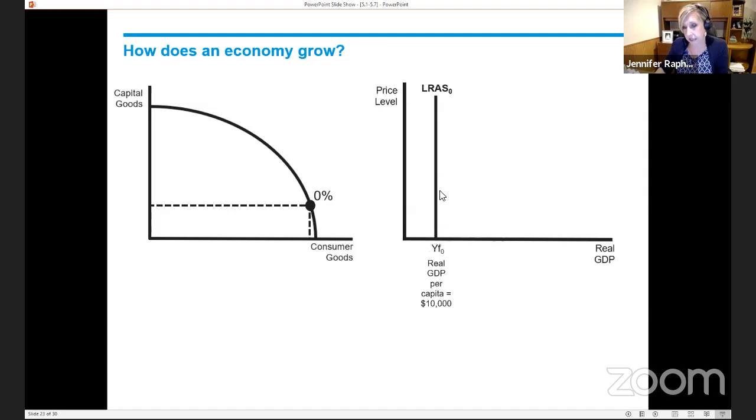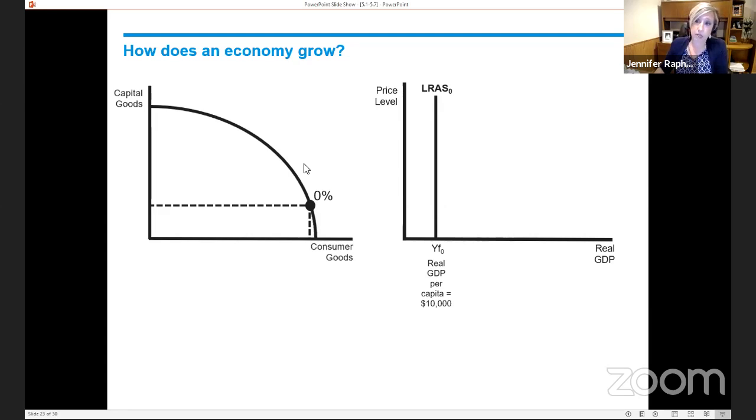And let's say that this level of real GDP goes with $10,000 worth of real GDP per capita. And so if this is the point at which we're producing this year, then the long run aggregate supply curve is not going to shift next year. It's going to be here next year as well.